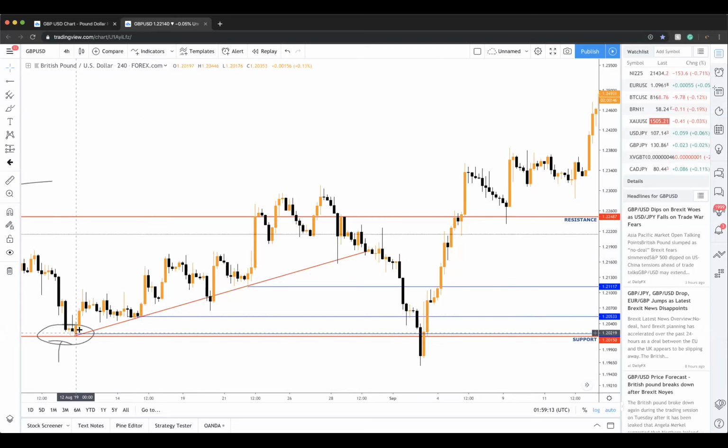So every time the market touched the trend, it was higher in price, but we focused on the low of the candles.